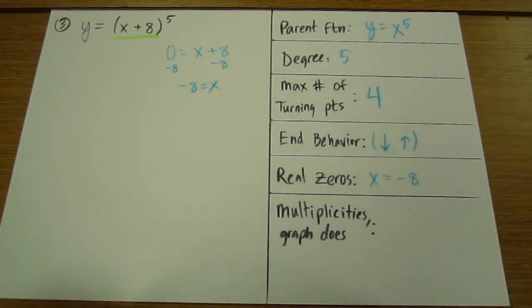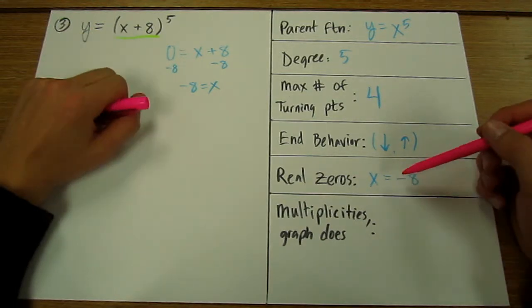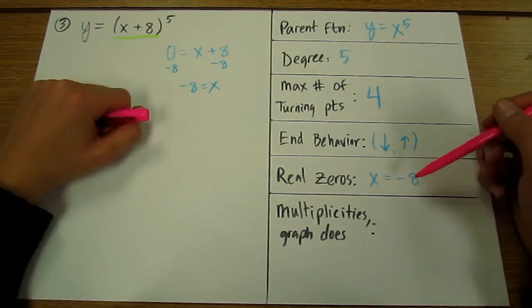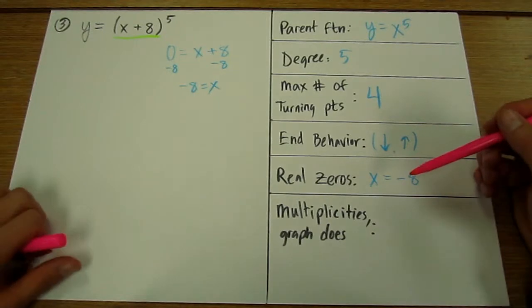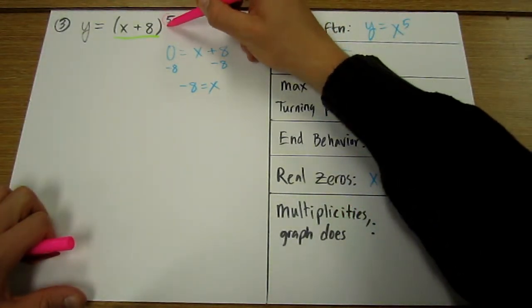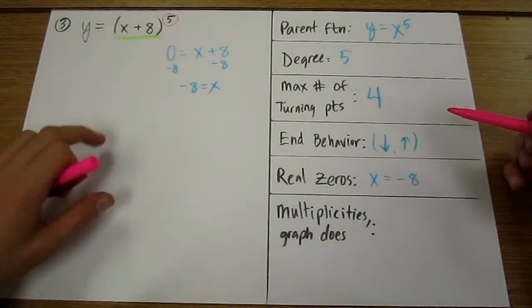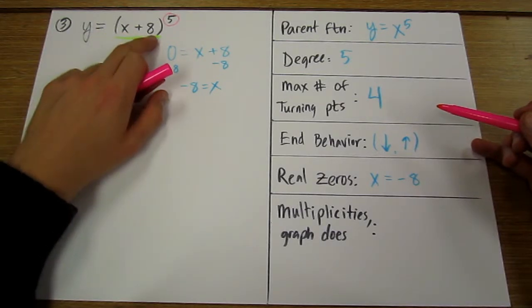Now, multiplicity is just a fancy name. It's a fancy name for an exponent. Specifically, it is a fancy name for the exponent that goes with this factor or with this 0, okay? Because this 0 comes from that factor. So, what exponent is with that factor? Well, it's just going to be 5, okay? 5 is the exponent that goes with this factor, x plus 8.